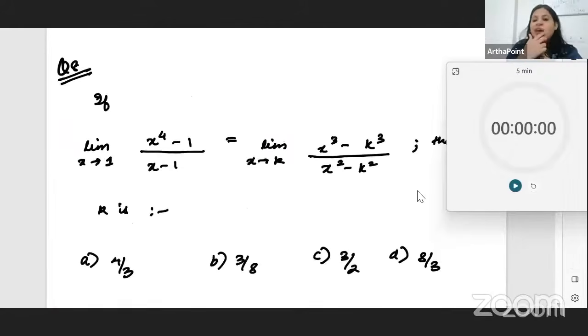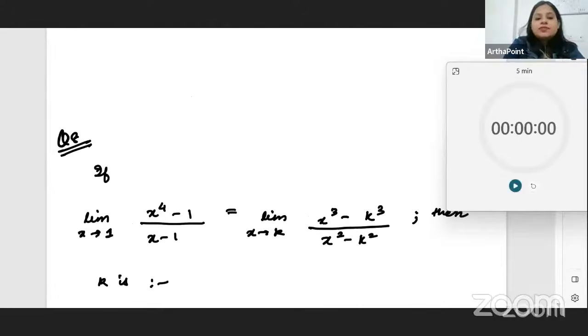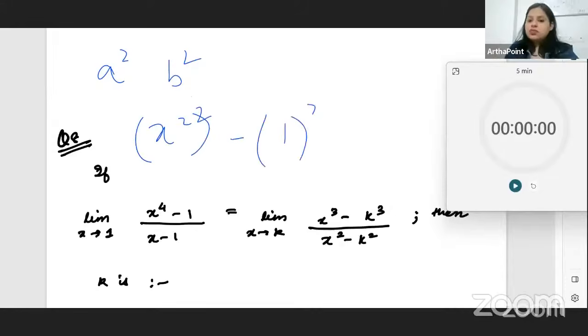If I want to use the concept of a square minus b square, can I write this as (x square) whole square minus 1 whole square? This is nothing but (a minus b)(a plus b). So this is going to be (x square minus 1) into (x square plus 1).